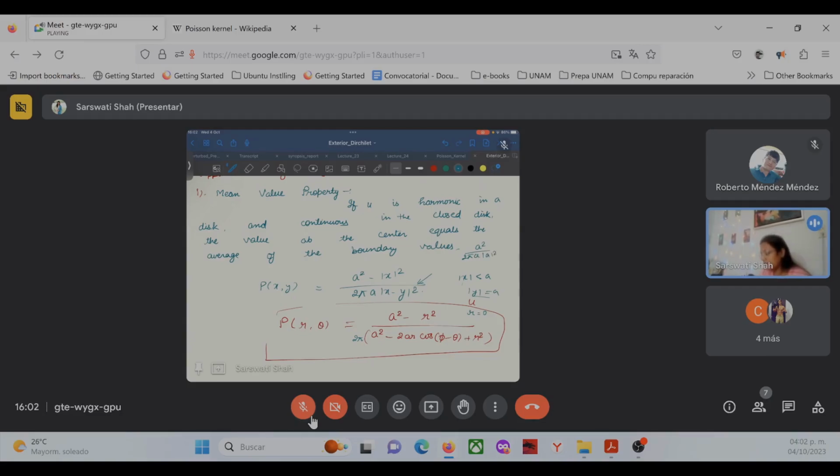So here I am getting it, but why am I not getting it there? Can anyone suggest where I am making a mistake?